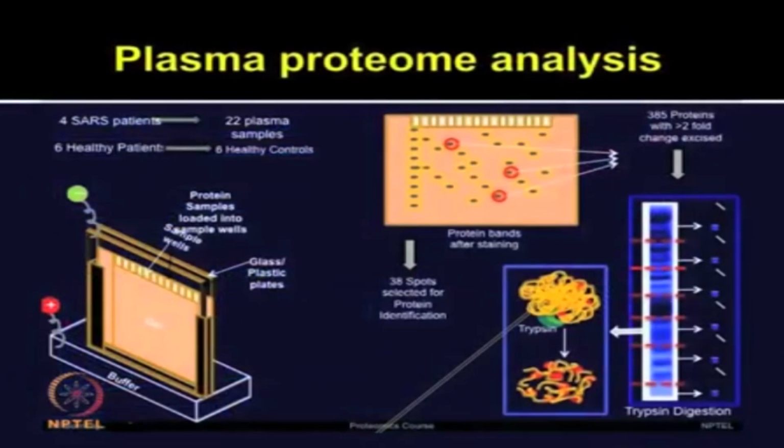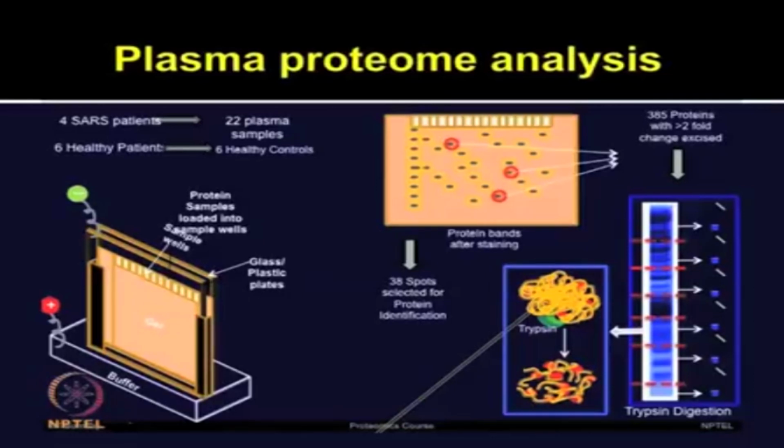Authors analyzed plasma proteome by using two-dimensional electrophoresis on 4 to 7 pH immobilized pH gradient strips, and they stained the gels with a sensitive stain, SYPRO Ruby. So, in the slide you can see the steps involved in the traditional two-dimensional electrophoresis followed by the mass spectrometry.